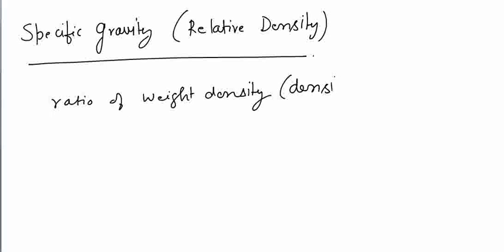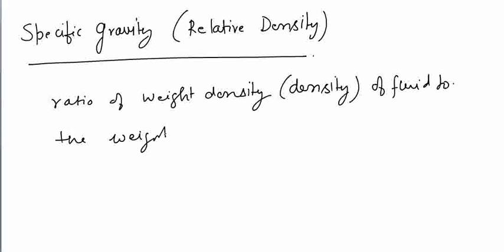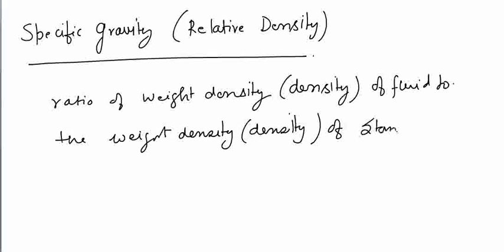It can be weight density or density because g will get cancelled in this. Ratio of weight density or density of fluid to the weight density, or again density, of standard fluid. Now here it is important to know that it is a standard fluid.